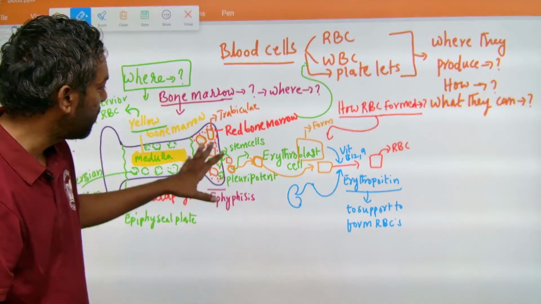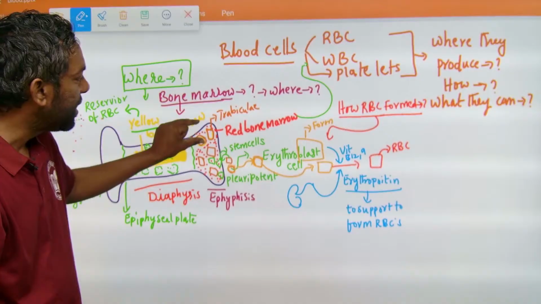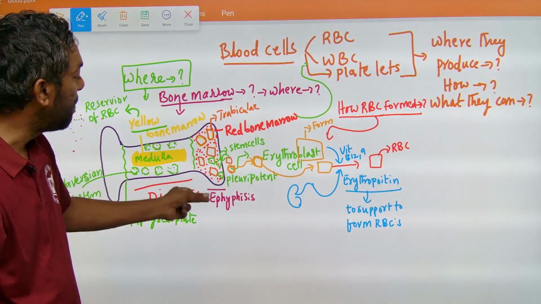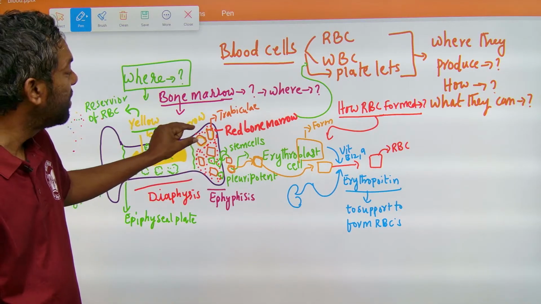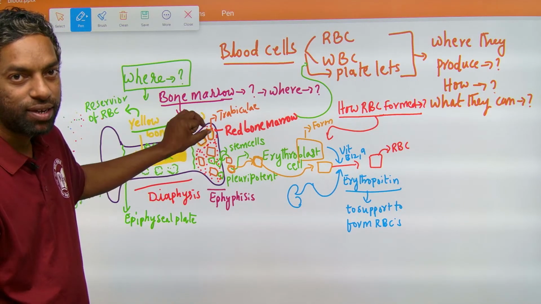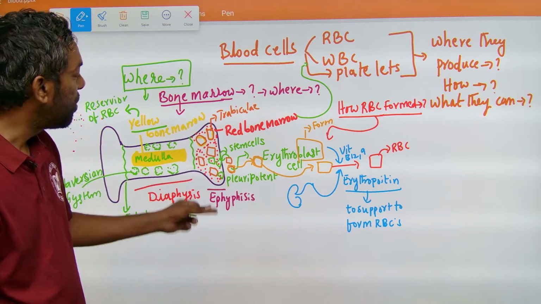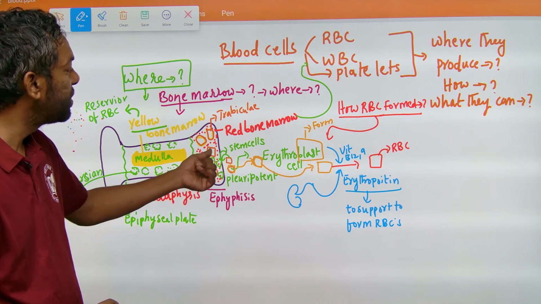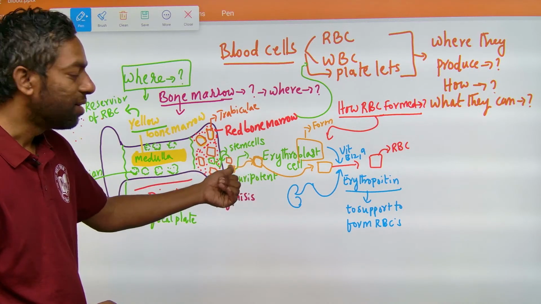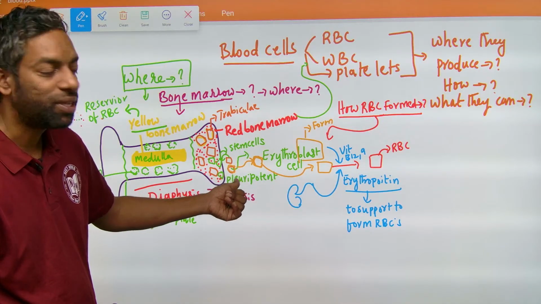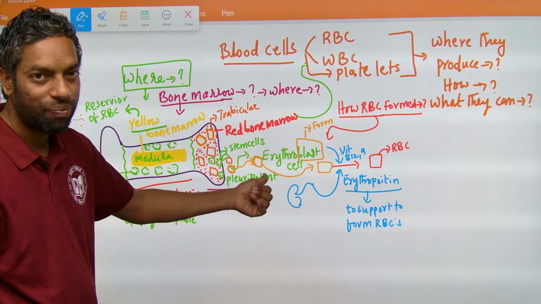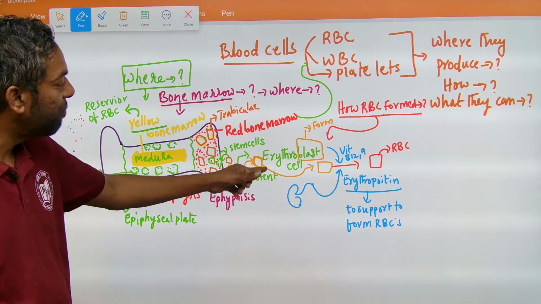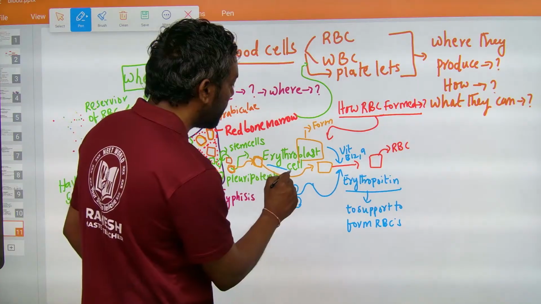Guys, just look here. There is a compact bone, where the epiphysis has an epiphyseal plate and there is red bone marrow. In the red bone marrow there are cells we call stem cells. It is the capability of stem cells to give other cells, the pluripotent cell, which becomes the erythroblast cell.